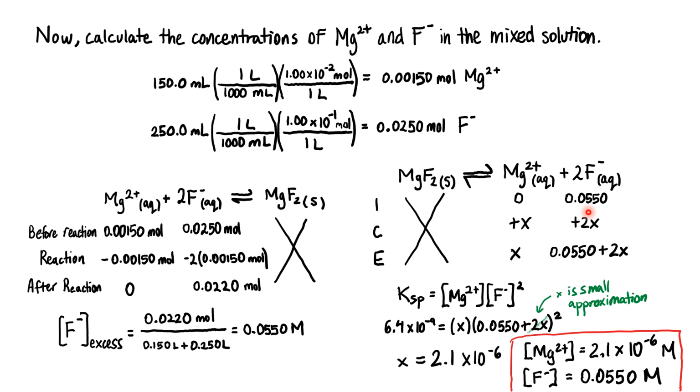And remember what we said, when we have a common ion in solution, what is it going to do? It's going to decrease the solubility. It's going to shift the equilibrium to the left, in favor of the formation of the solid. And then we can set up an ice table and figure out, okay, how much magnesium 2+ dissolved? It's going to be less than if it would be in pure water, but now we have a common ion. So this is the amount. All right, just to recap what we just did.